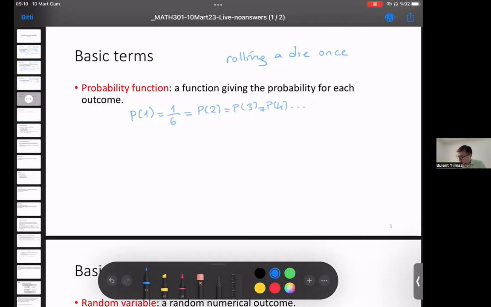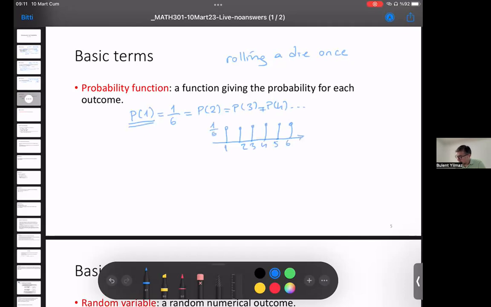So this is my probability, and I can draw it like this. Obtaining 1, obtaining 2, obtaining 3, obtaining 4, 5, and 6. And what's the value? 1 over 6.